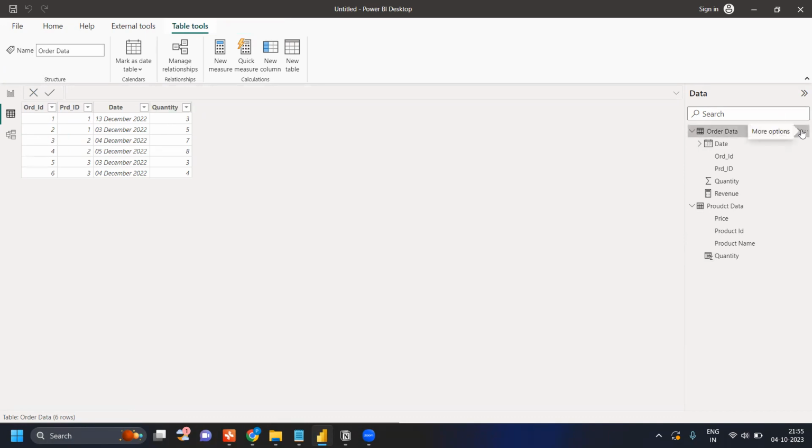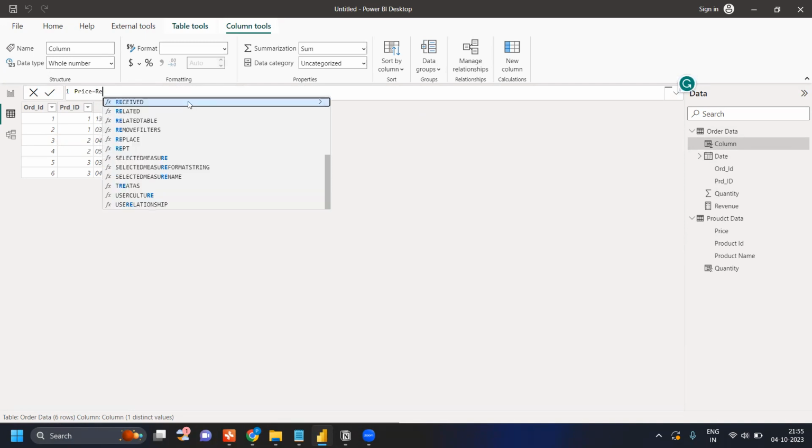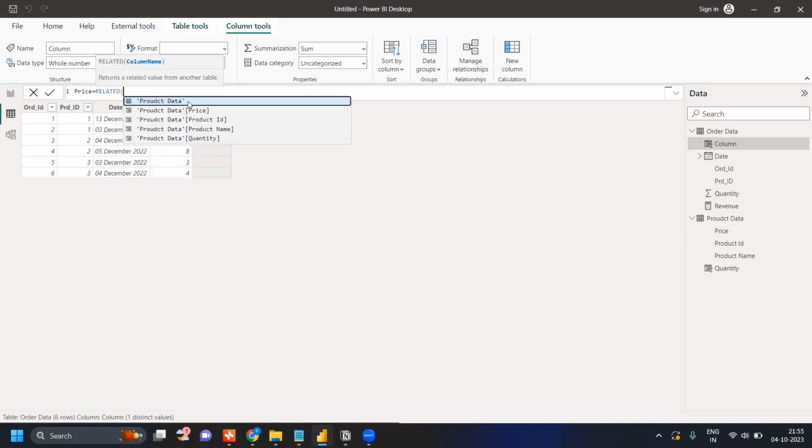So I create Price1, a new column. I'm using the RELATED function. The RELATED function will extract a column from one table to another table, right? So I'm extracting the price into Price1.